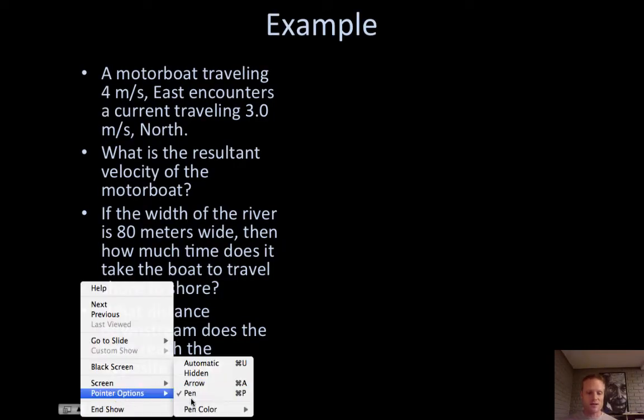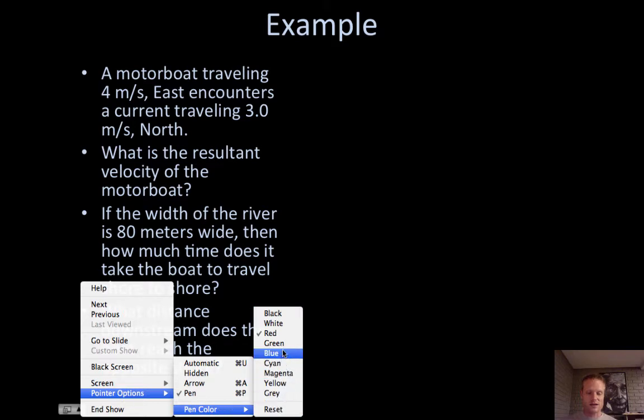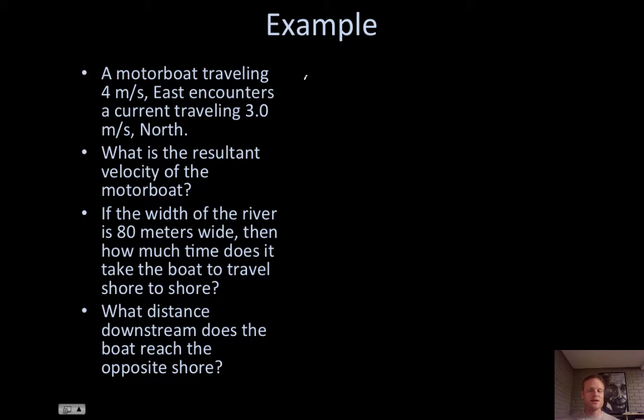Let me change pen colors here so you can actually see it. Let's do green. A motorboat is traveling 4 meters per second east, and it encounters a current traveling 3 meters per second north.